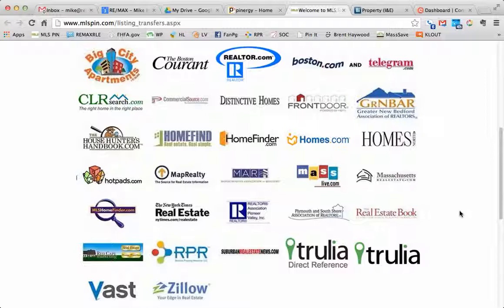MLS PIN pushes out this data every 15 minutes. That's the most frequent push that they'll do. And so in any case, the data on some of these other sites is 1 or 2 days late, and in a hot market, you may have already missed the property or not be aware of the open house.